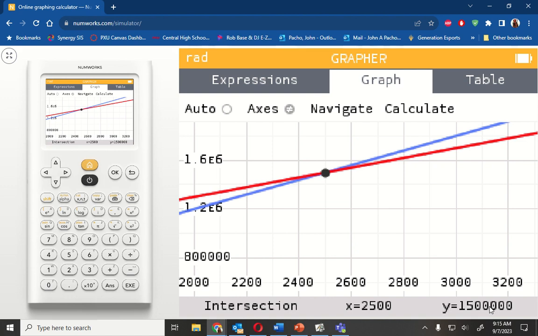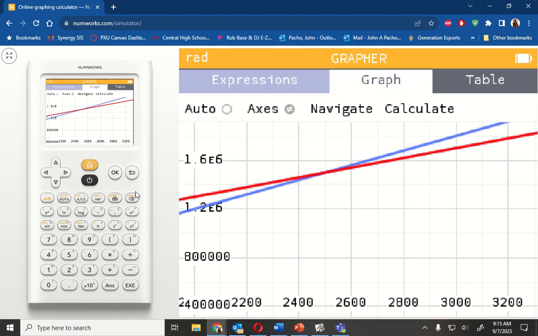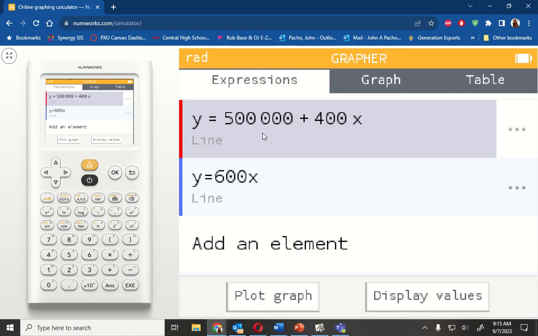Is yours different? Go back and look at your expressions. Does it look like this? That's the green one. You don't want the green one.